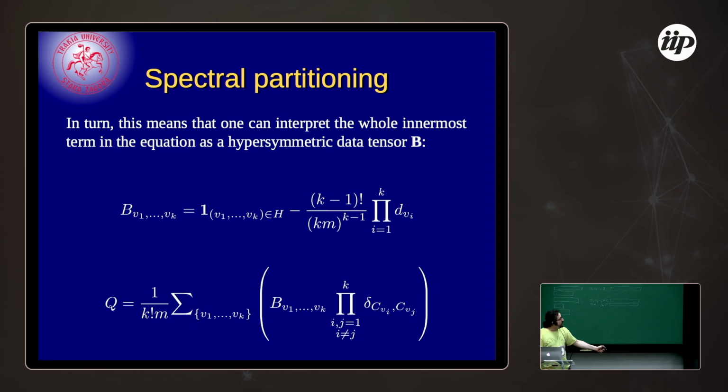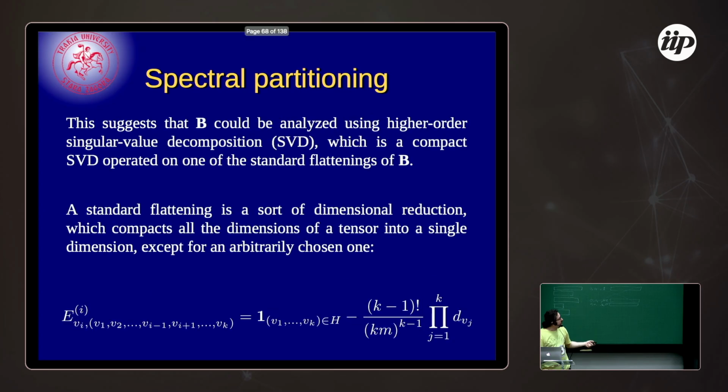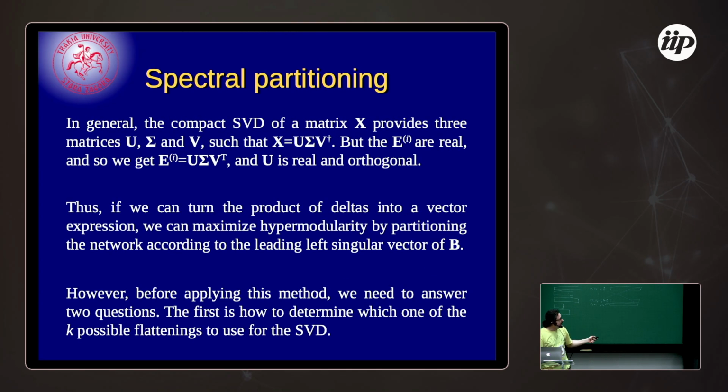If we find a way to cast this product of Kronecker deltas in a way that separates the variables, then we can try to use the results of the SVD here. We can exploit them, by taking the left singular vector corresponding to the biggest singular value, and saying that that is the assignment that corresponds to the classification, the assignment that maximizes the hypermodularity.